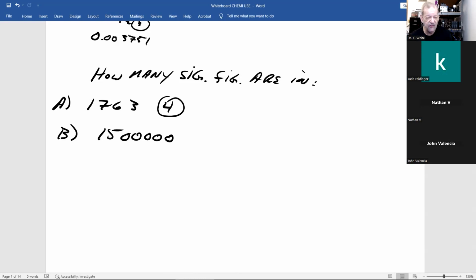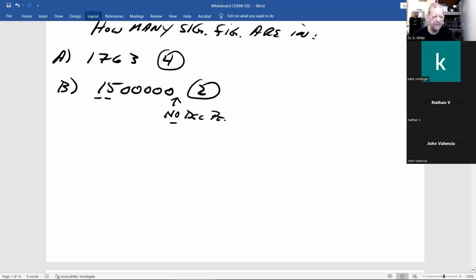Well, all non-zero numbers are significant. So 1 and 5 are 2 numbers. But notice, no decimal point. So trailing zeros in this number are not. So the answer is 2 significant figures.